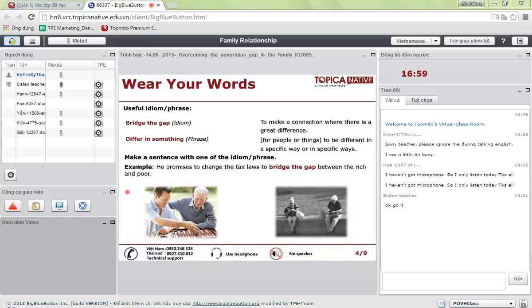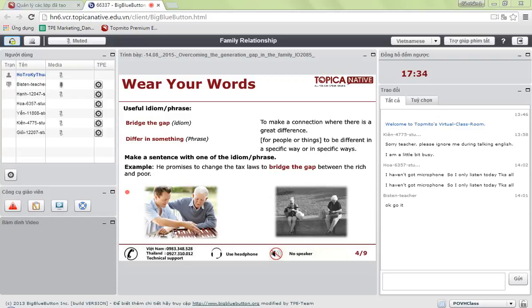Now we come into some items where I want to ask you to make a sentence with one of them. Bridge the gap: to make a connection where there is a great difference. Differ: for people or things to be different in a specific way.